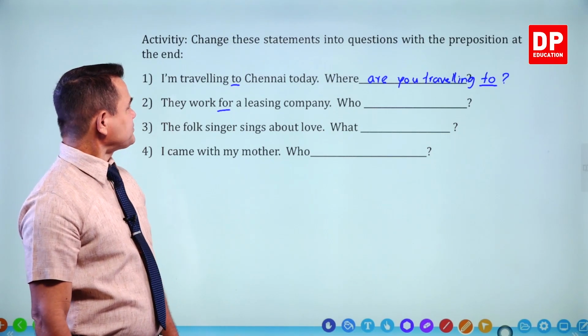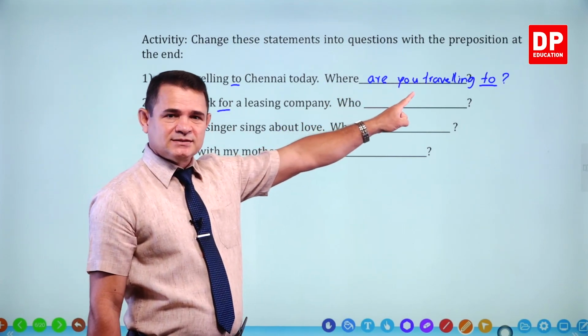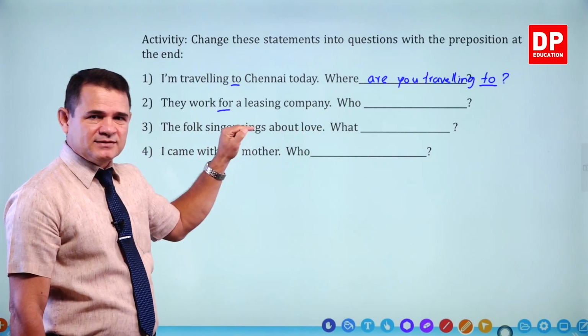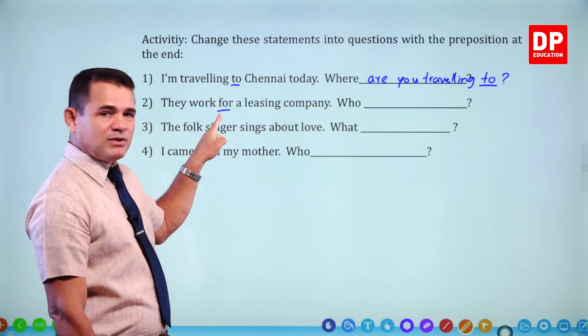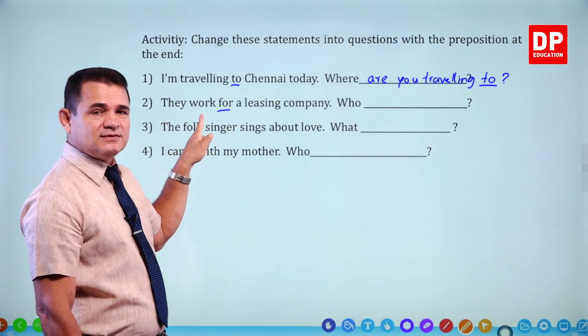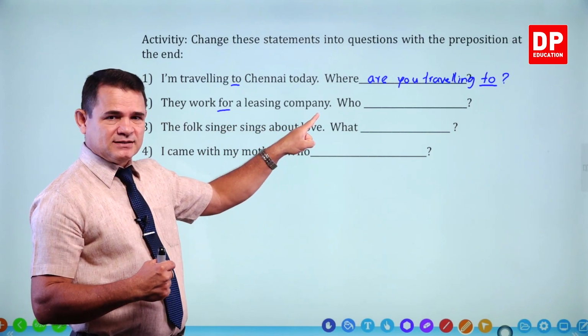We must identify the tense first. They work, so it is simple present tense. For a leasing company.